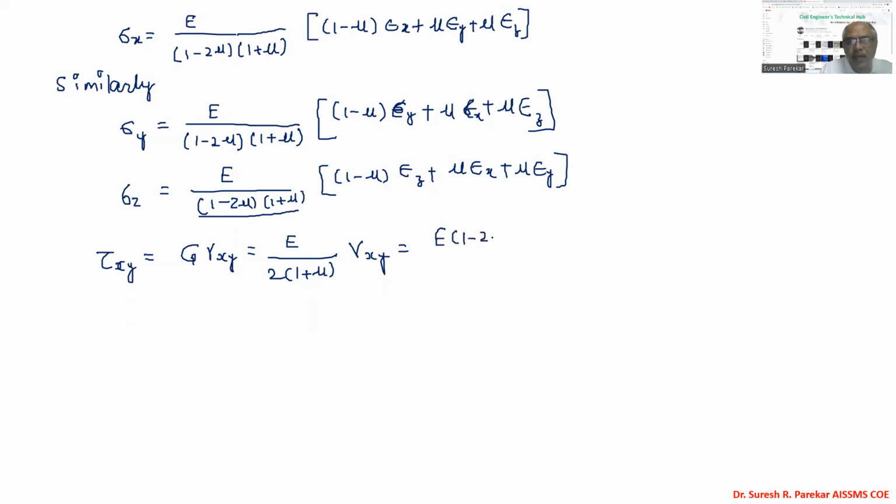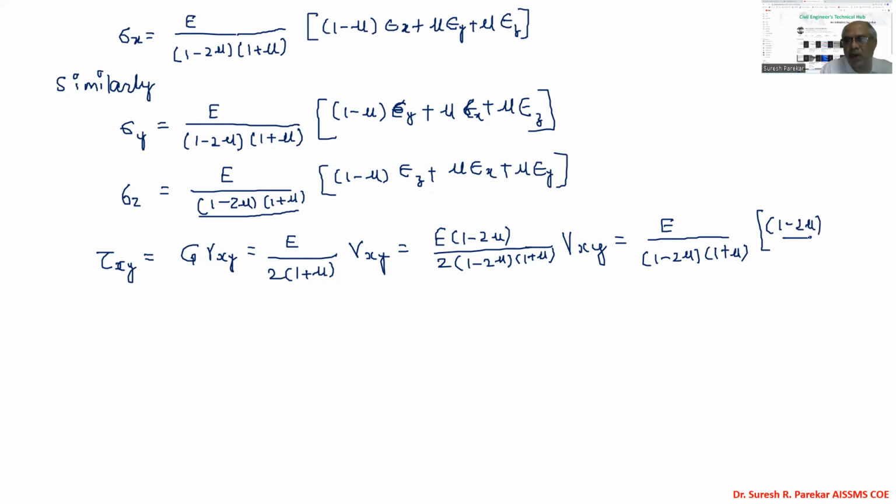So I have to multiply it by 1 minus 2 mu, also divided by 1 minus 2 mu into 1 plus mu, into gamma xy. Now we can write it in this fashion: E upon 1 minus 2 mu, 1 plus mu, and in another bracket, 1 minus 2 mu upon 2 into gamma xy.